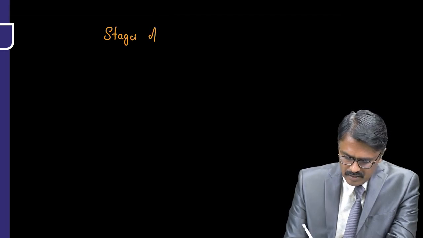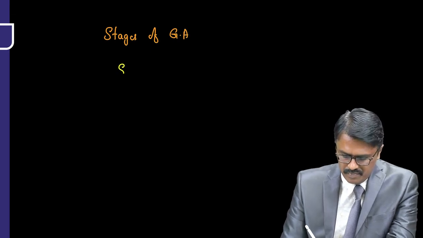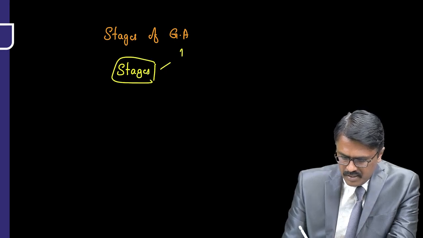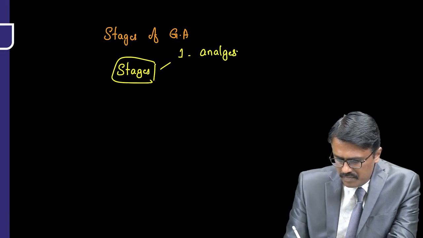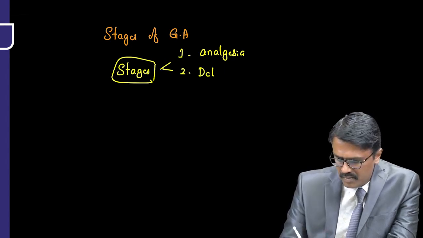Stages. When we give anesthesia, there are stages of general anesthesia. The first stage is called the stage of analgesia, where the pain comes down. The second stage is the stage of delirium, that is confusion.